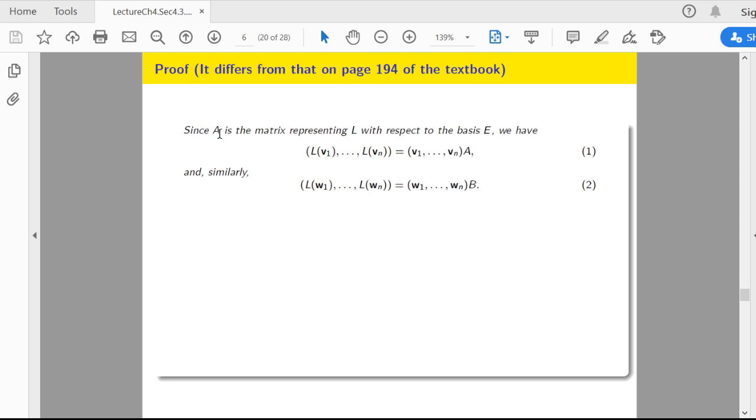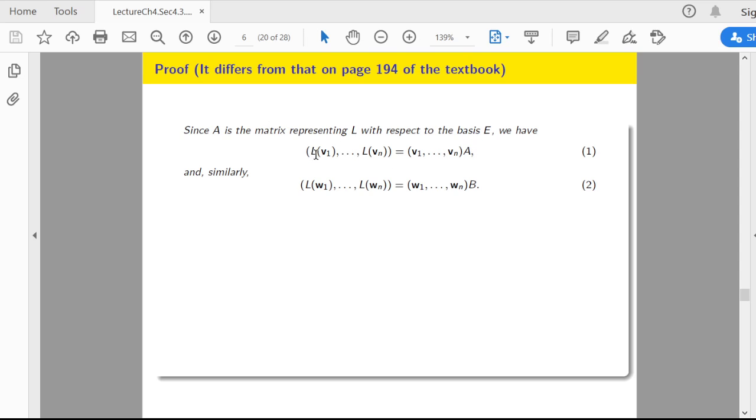Recall, A is assumed to be the matrix representing L with respect to the basis E, so we can write L(V1) equal to a linear combination of V1, V2 to Vn, that is, [V1, V2, ..., Vn] times the first column of A. Same thing, L(V2) equals a linear combination of V1 to Vn, that is, times the second column.